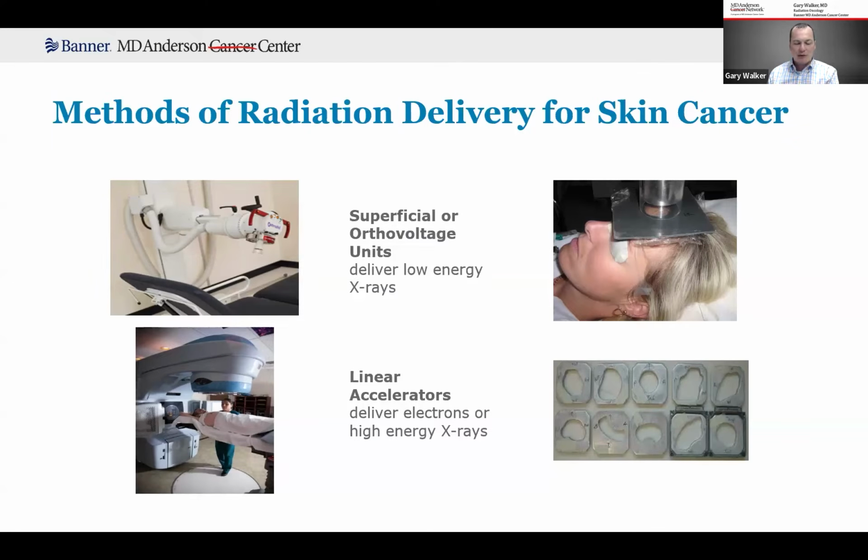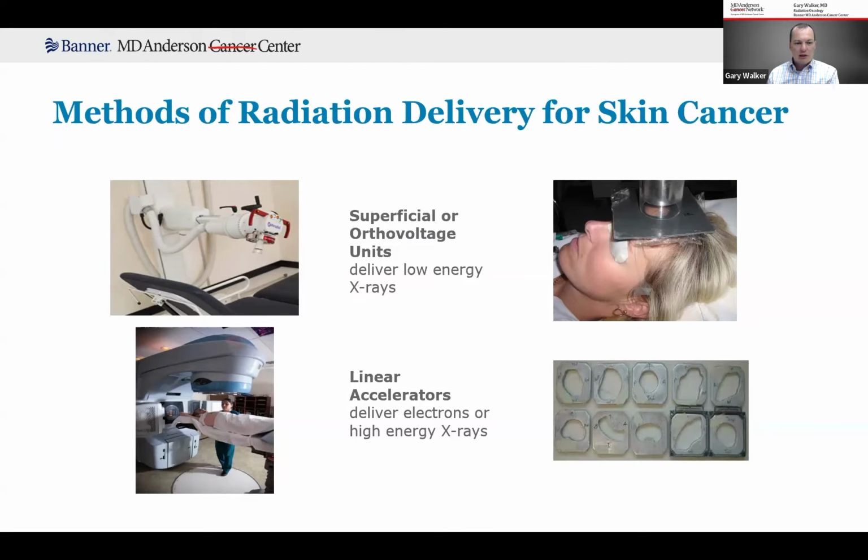That allows us to get a really sharp dose of radiation to the area that we need to treat. The advantage of external beam radiation therapy is we can deliver high doses of radiation with very little toxicity to underlying tissue, because we typically use electron therapy for skin cancer. So this is a very surface type of radiation treatment.